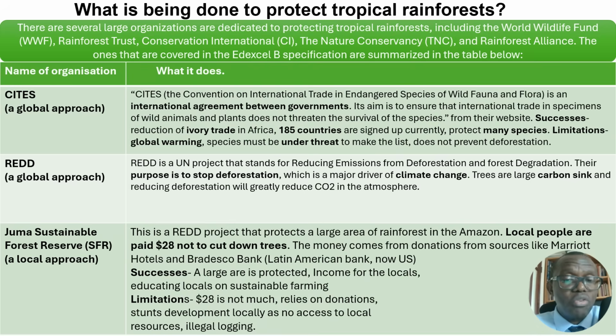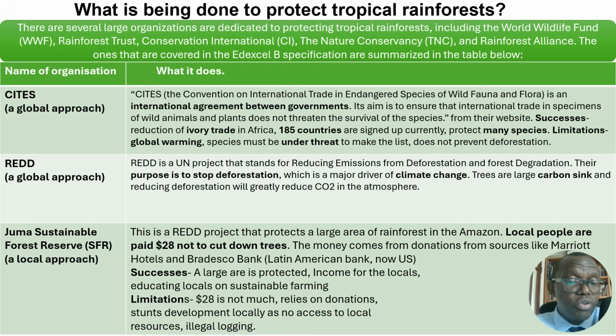So what they are trying to do is to ensure that any endangered species of animals and plants are being protected, and they have formed an agreement between governments to ensure that that is being done. Now, they have had several successes as well as limitations, and one of their successes is that there has been a reduction in the trade of ivory in Africa.